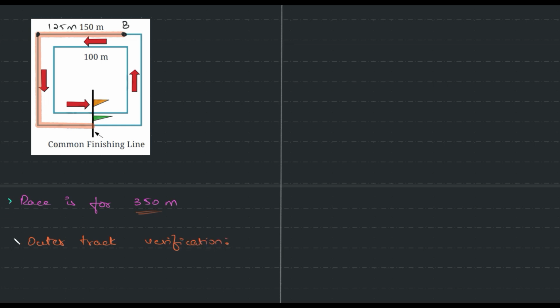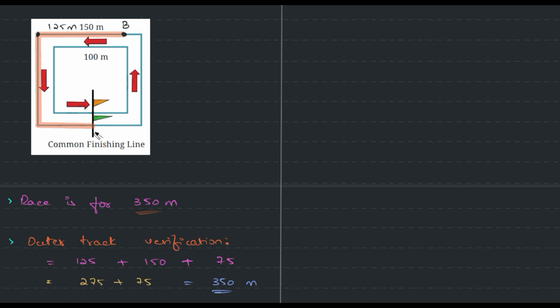Systematically, I am writing everything down. So 125 plus the other end, 150, plus this end, 75. 125 plus 150 will be 275, plus 75, and this will be 350 meters. Okay, so we have it right.